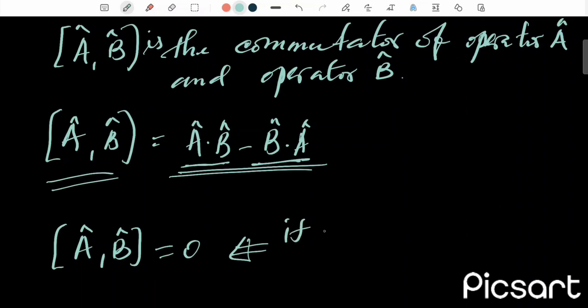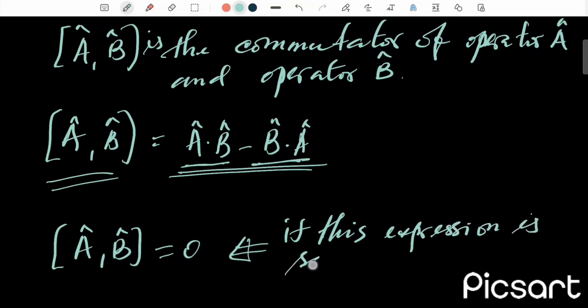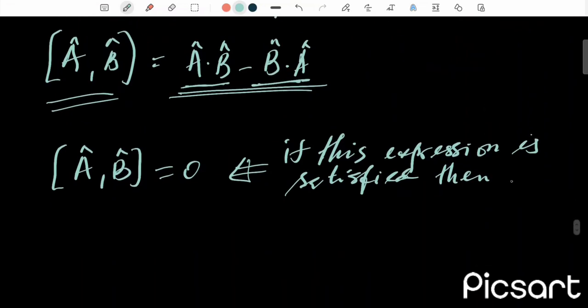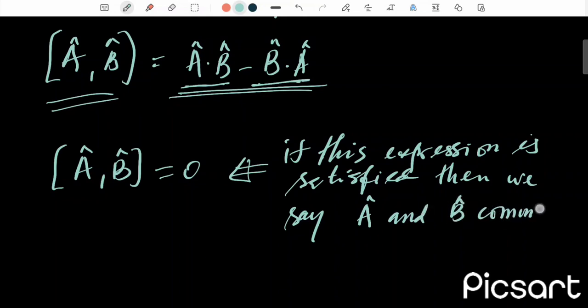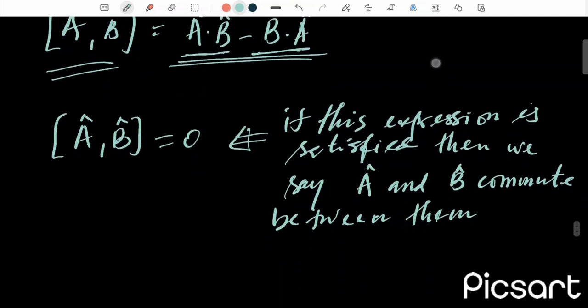If this expression is satisfied, then we say A and B commute between them.